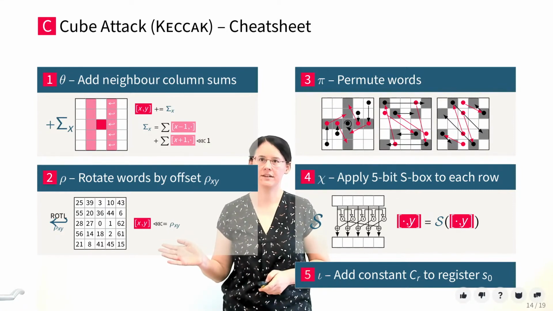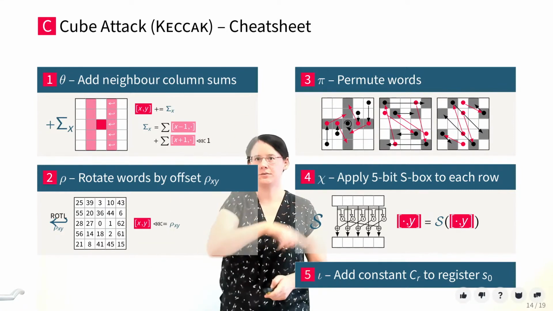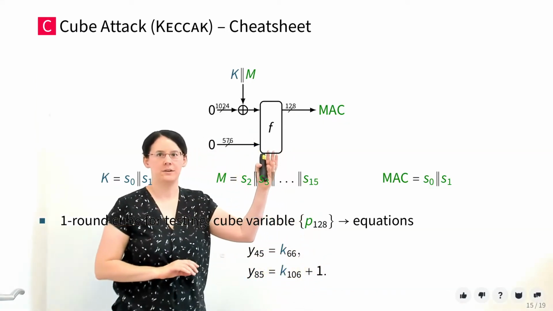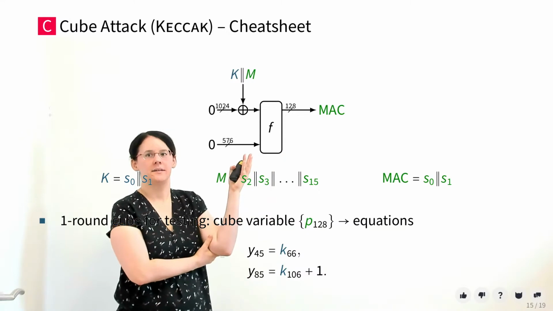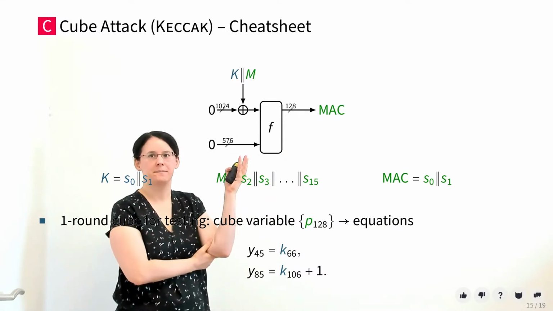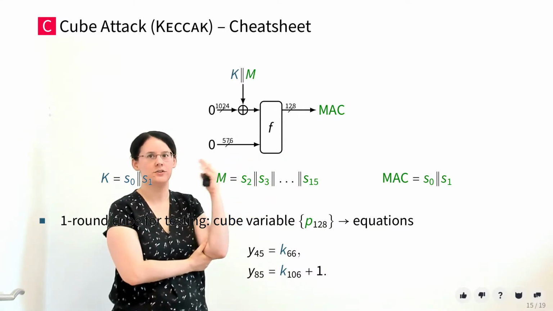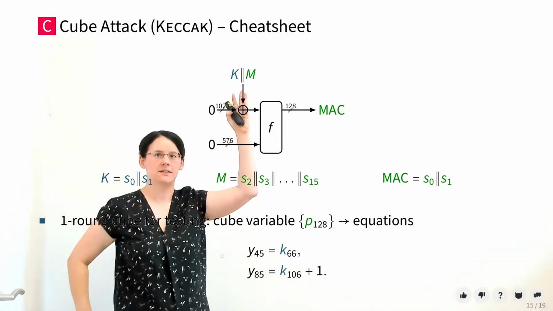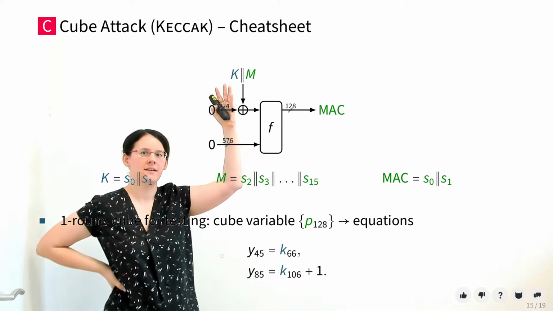And the scheme you're then targeting uses this round function here for 4 rounds as the permutation f, and you're going to look at a MAC usage of this hash function, which means as an input you use not just the message, but you prepend the key.